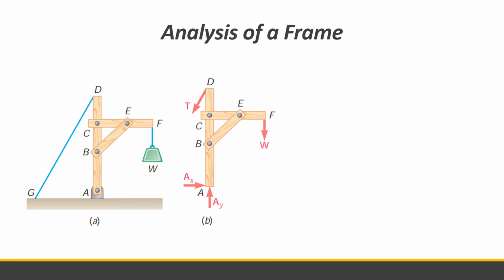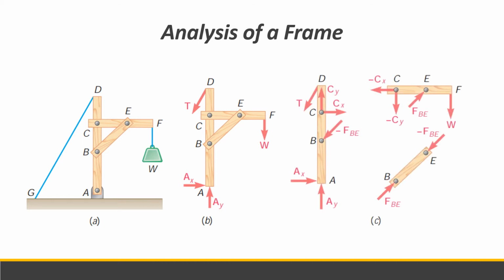This diagram can be used to determine the external forces acting on the frame. Using the free body diagram, we can determine the reaction at A, that is AX and AY. Now, in order to determine the internal forces holding the various parts of the frame together, we must dismember the frame and draw the free body diagram of each component.